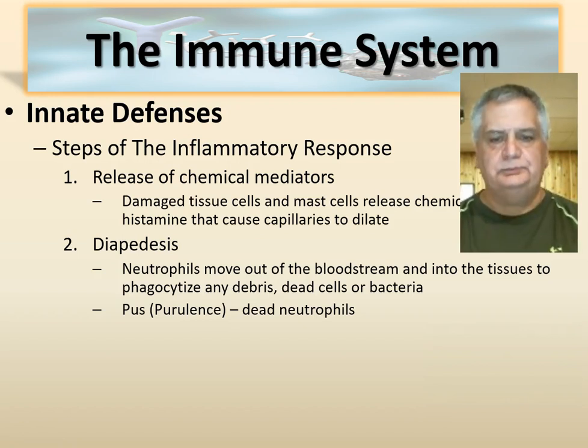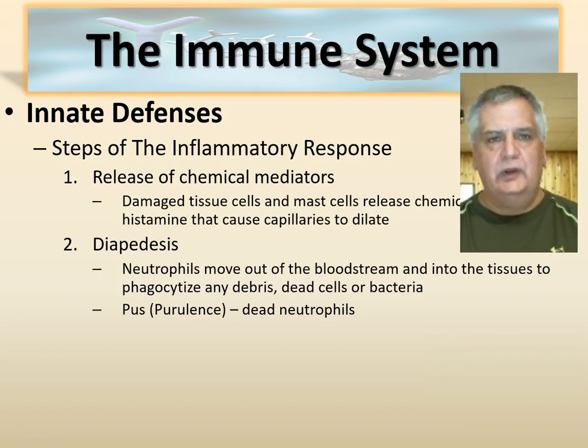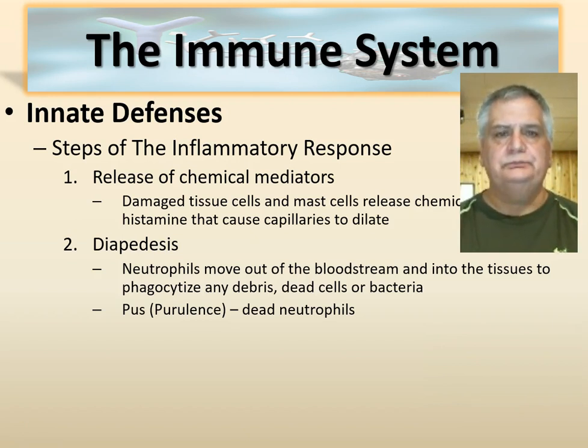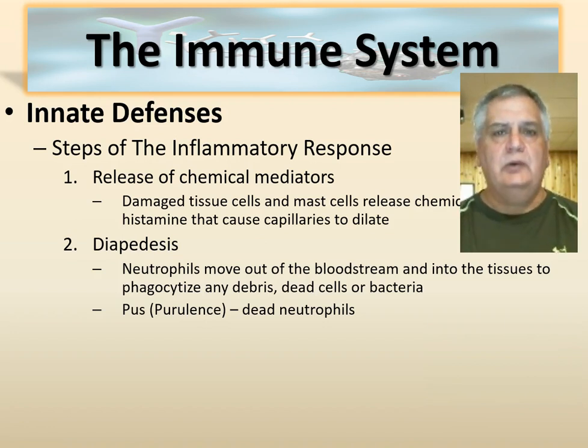into the tissues. Once they move out of the bloodstream and into the tissues, the neutrophils can begin to phagocytize any debris, dead cells, or in the case of the immune system, bacteria or other microbes. Recall that the neutrophils are not much bigger. We talked about this when we were going through the blood, that the neutrophils themselves are not much bigger than the microbes that they may be removing.